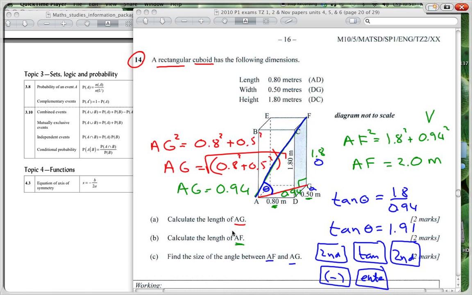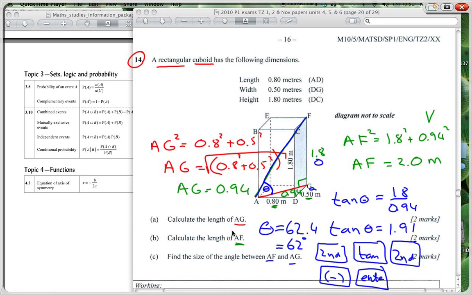We're going to find the second function of tan, and then I'm going to put here 1.9148, close brackets, enter, and I get 62.42. I get my theta. That angle is 62.42. Now I'm going to give my answer to two significant figures, so it'll be 62 degrees.